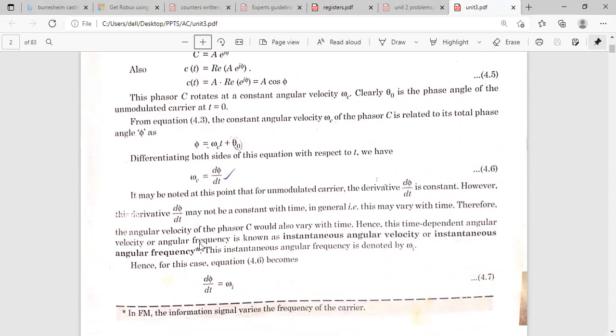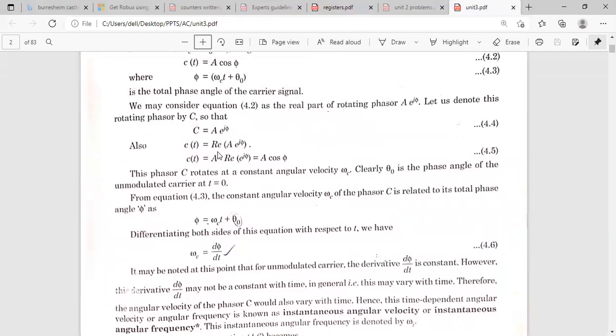So you can write the instantaneous angular frequency is equal to d phi by dt. We derive this because from it you can get the relation between the instantaneous angular frequency and the phase angle. So the relation between frequency and phase comes out, and to get that relation we differentiate. We don't need the whole analysis.